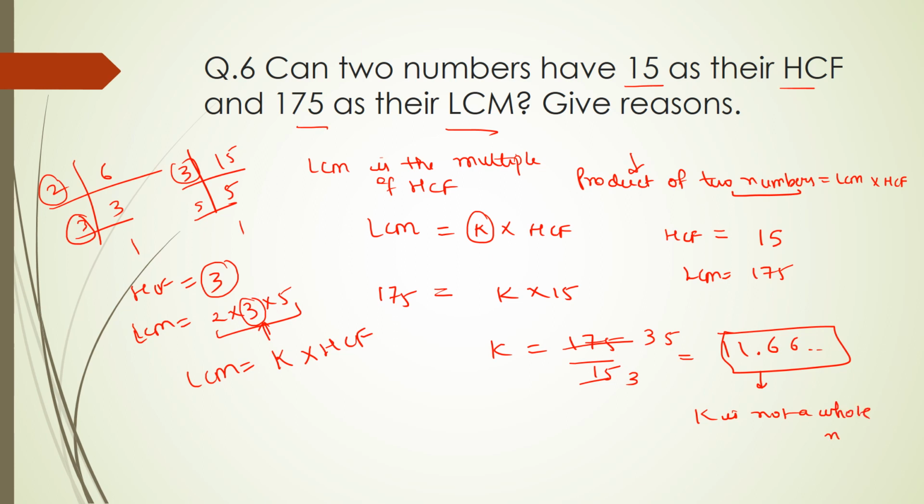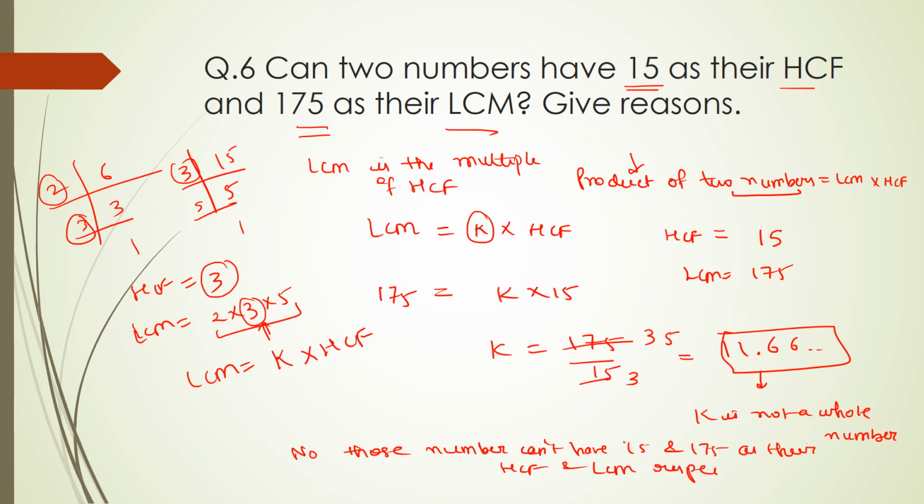It is in decimal form. So we can say that no, this HCF and this LCM are not possible. No, those numbers cannot have 15 and 175 as their HCF and LCM respectively. I'm hoping that this makes sense.